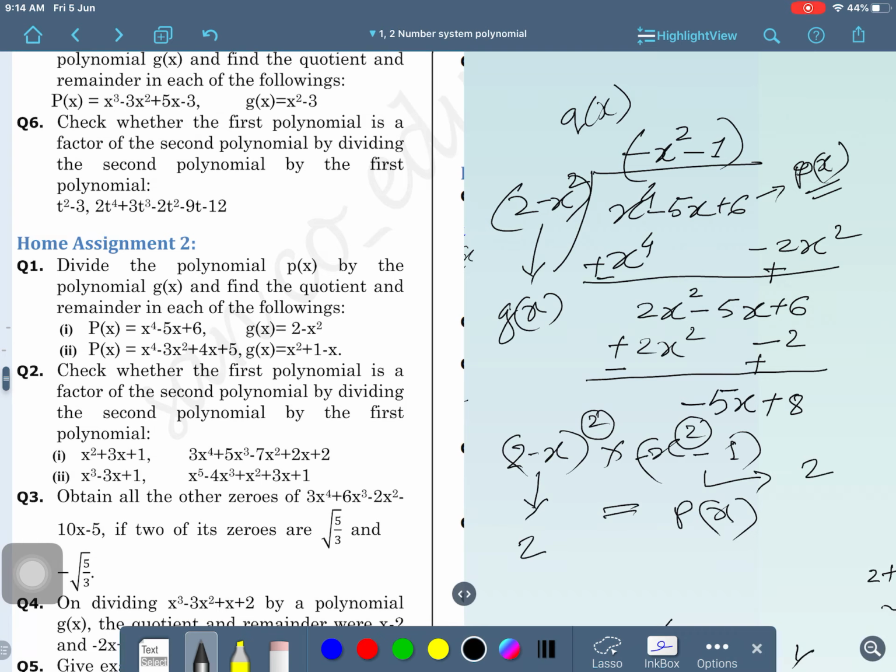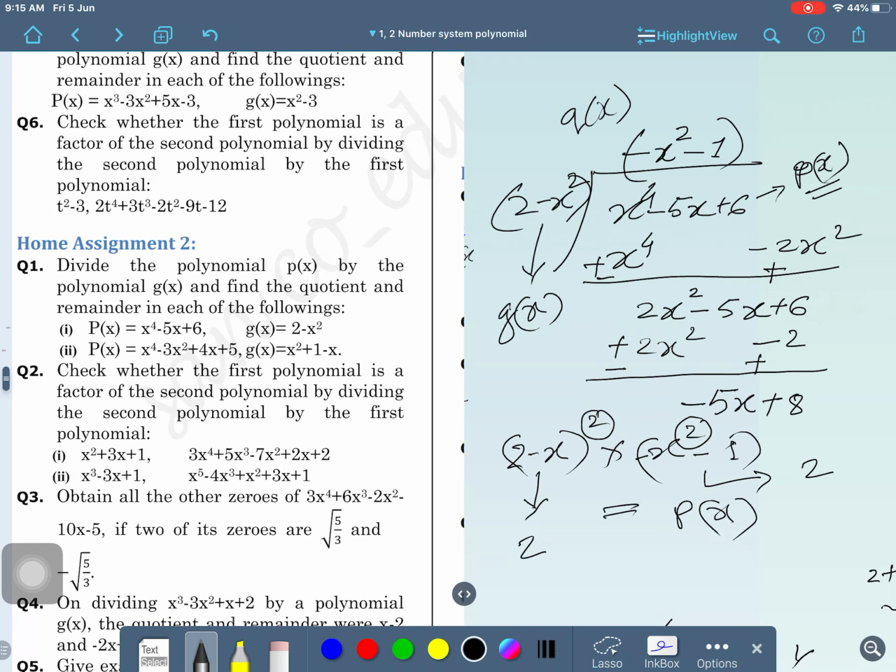It means the degree of any polynomial is connected with its zeros and its factors. Is that clear? Finally, the conclusion is, so many degrees the polynomial has, so many zeros and so many factors the polynomial will have.